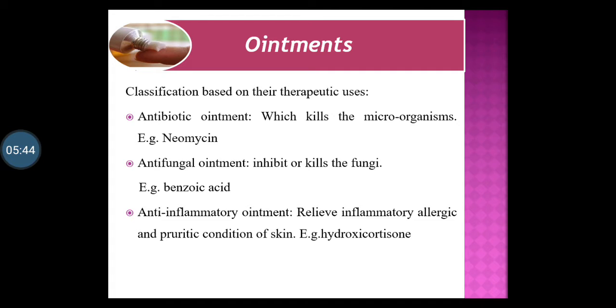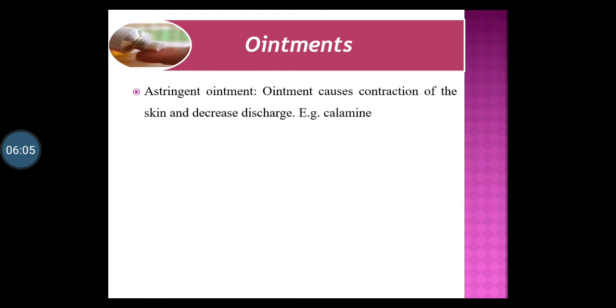Anti-inflammatory reaction is shown by this ointment, which relieves the inflammation or itching of the skin. Then next class is antipruritic ointment, which relieves the itching of the skin. Example is benzocaine. Then next is astringent ointment.